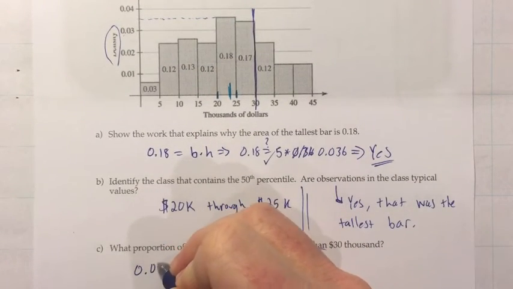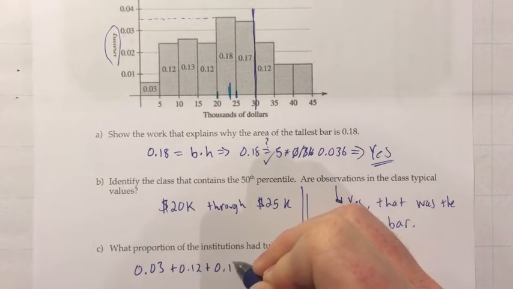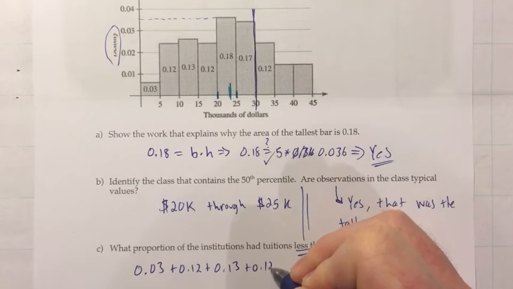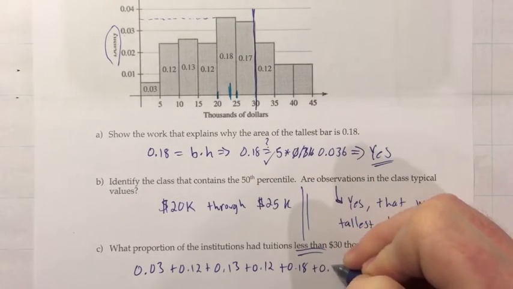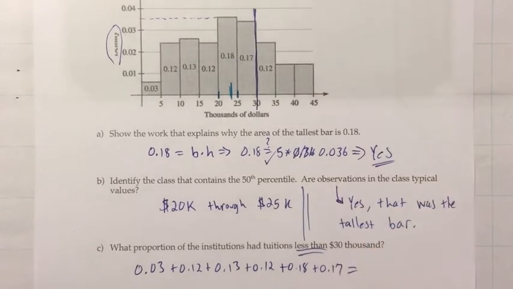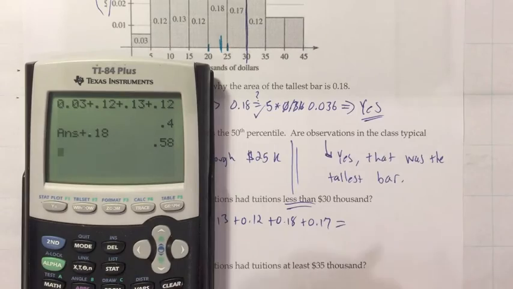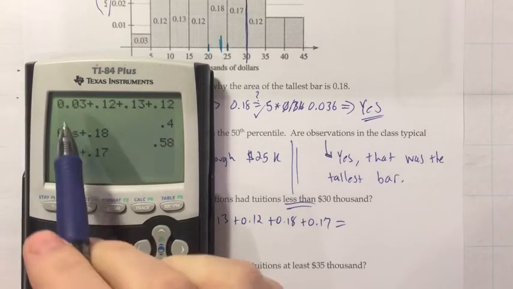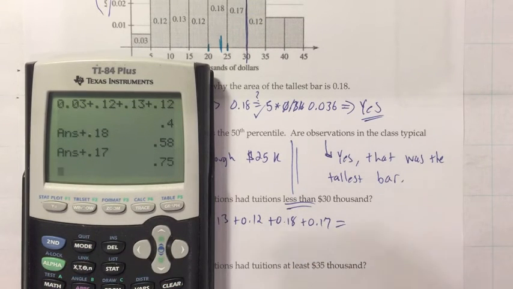So 0.03, 12, 13, another 12, another 18, and then also the 17. All right, so we actually almost had that done already. It was the 0.58 if we added up to here. If we just add in that 0.17, that would be those four plus this one plus that one. Those are the 6 we have listed.